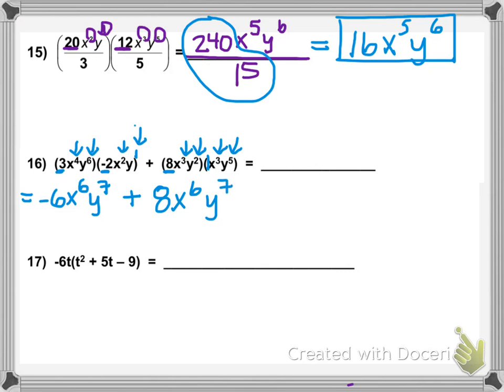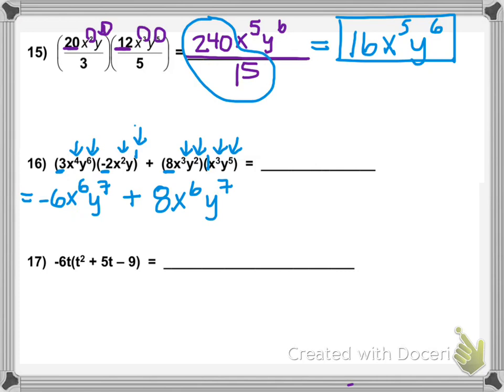So now let's go ahead and look. Can we add these two terms together? Remember, in order to add monomials, they have to have the same variables, which they do. They both have x and y. And they have to have the same exponents on those variables. So I have x to the 6th and y to the 7th. So these are actually like terms.